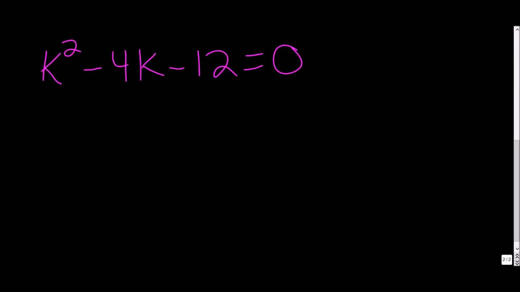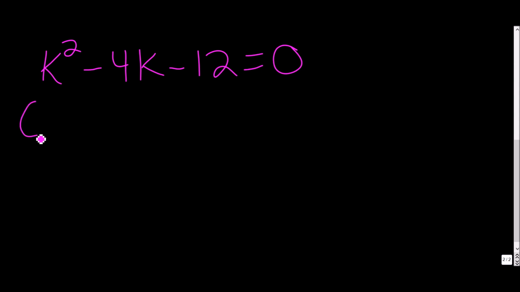So how am I going to go about doing this? You can either factor or use the quadratic formula. Those are very excellent options. You could graph if you want, but I think that's kind of clumsy. You could pick factoring, completing the square, or the quadratic formula. I'm going to factor.